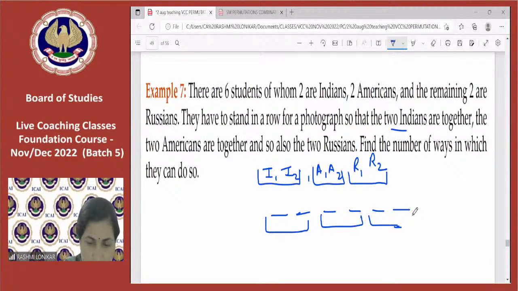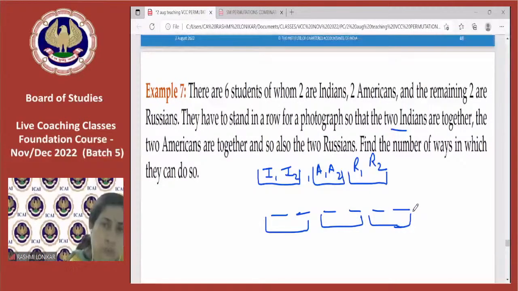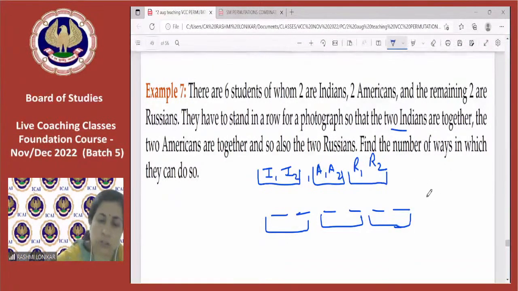There is no other way. Why? Because all the students of one country will be together. So I have 3 places and 3 options. I1, I2 together, A1, A2 together, and R1, R2 together. So 3 places are there and 3 sets of students.